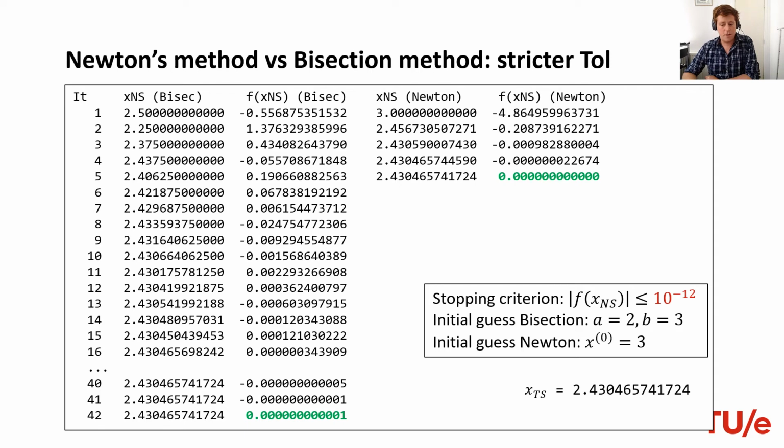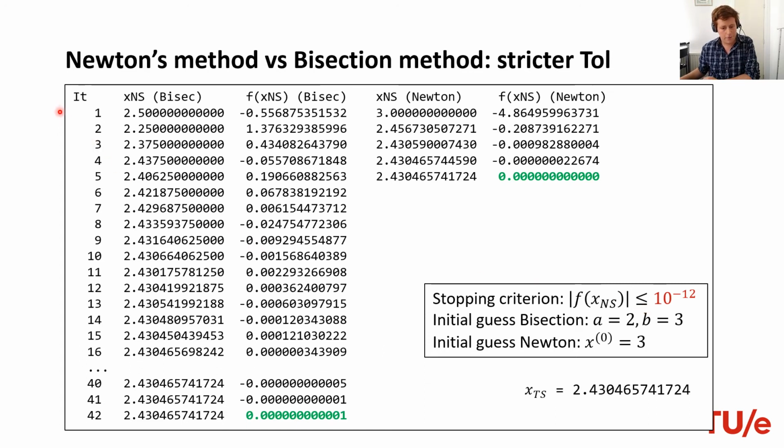And that is what we see over here. So the only change I made is to update this stopping criterion, from 10 to the power minus 3 to 10 to the power minus 12. And now the performance of Newton's method really starts shining through.